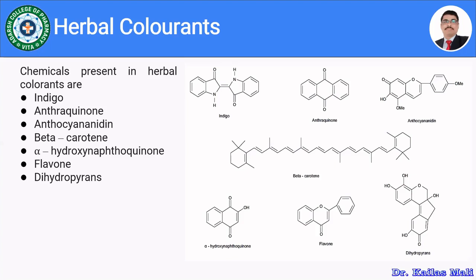I have shown the structures of all these classes on the slide. Let us see specific examples of herbs along with the major chemical constituents which are responsible for the specific color.